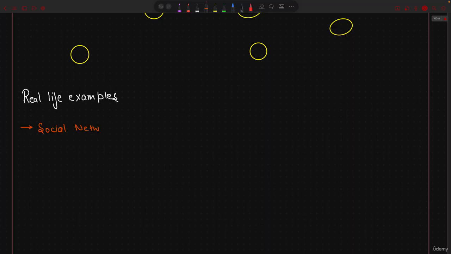Each and every user is a node, and if they are friends with each other, or if they are following each other, then that would be an edge or a connection between them. We can have multiple users, and there can be a case that a new user who joins and is not following anyone is just outside, right? That's a very good example for understanding graph.